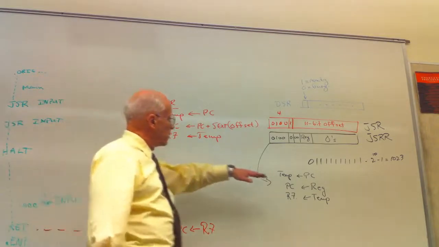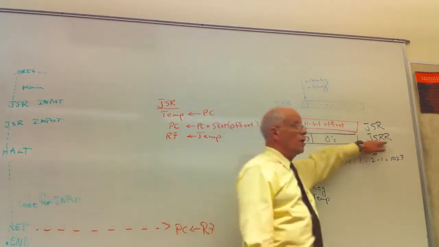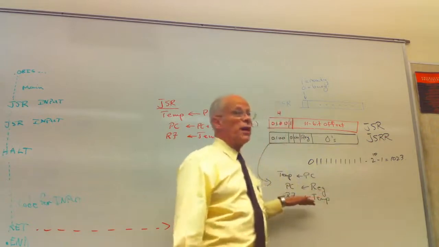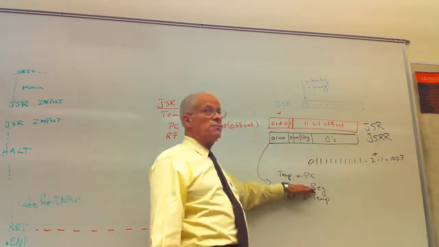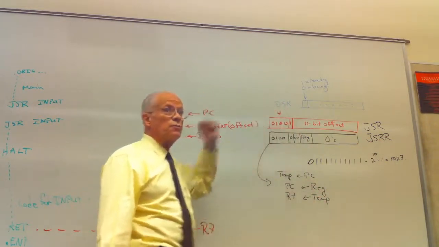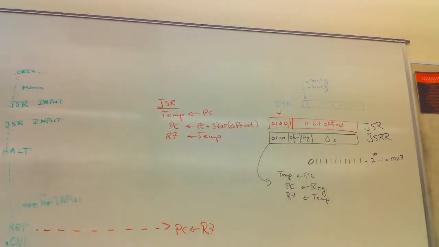So if you can get an address that's farther away than this, full 32-bit address into that register, then you can branch anywhere. You can go anywhere as a subroutine. But it requires a little more in the way of instruction so that you can get the address of that routine loaded into some register.